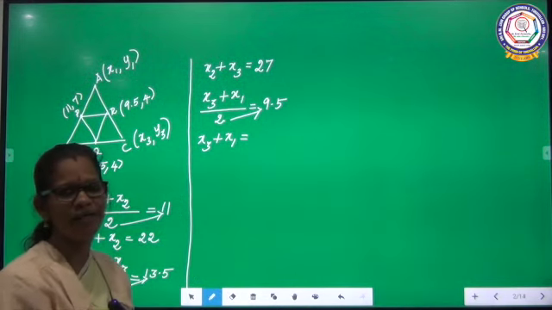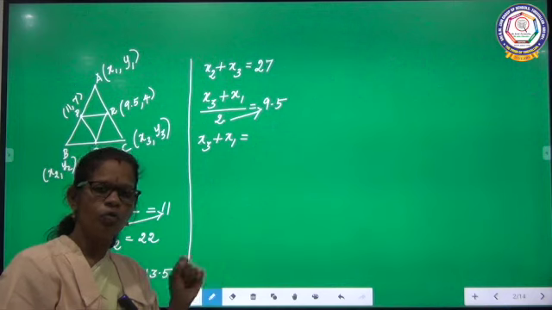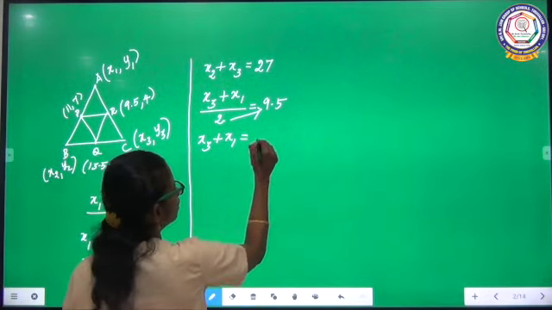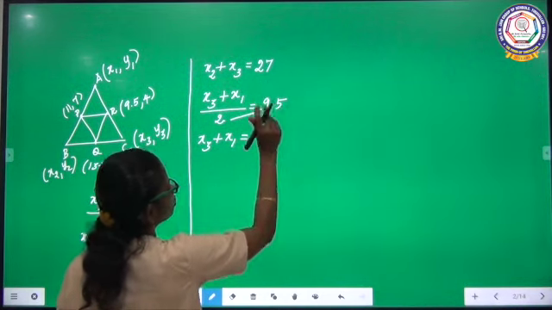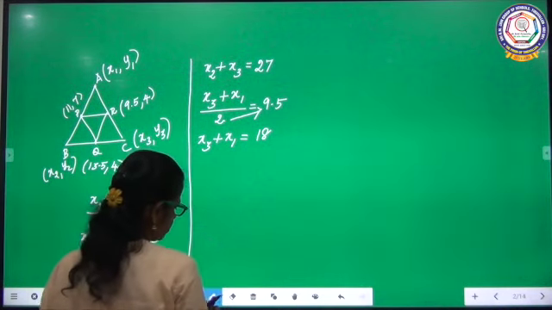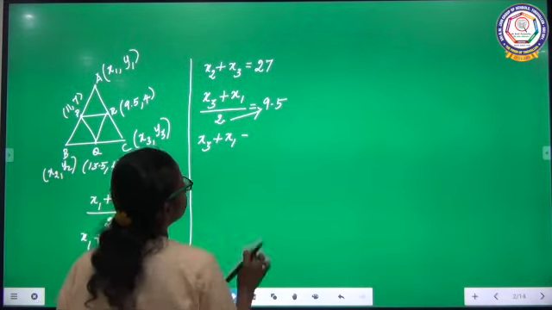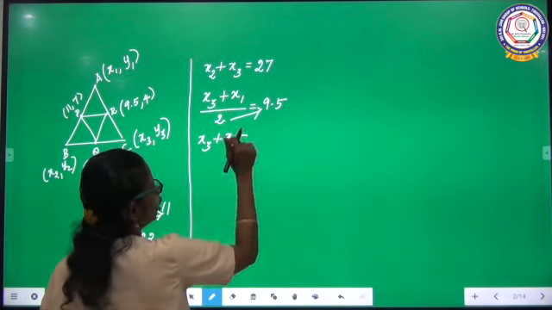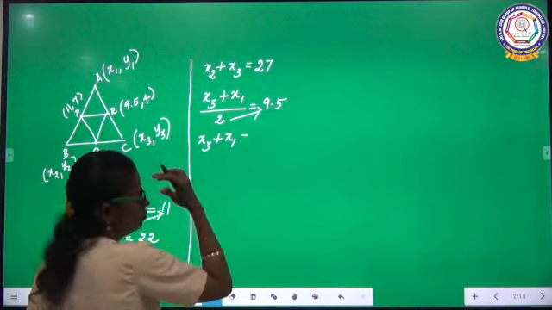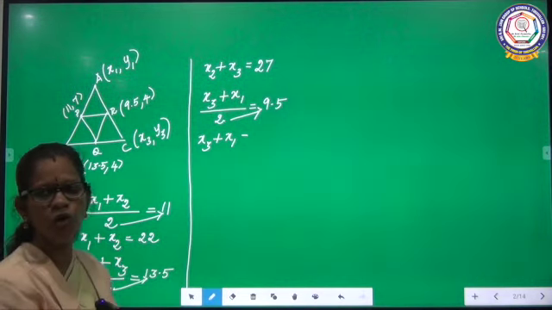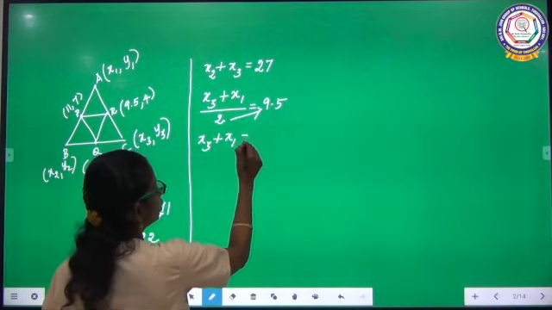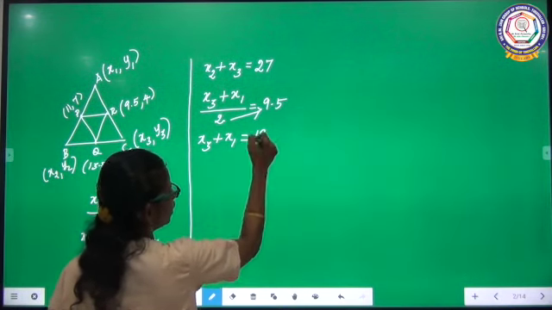The same logic, one decimal. 95 into 2, 190. The 0 is eliminated, which is equal to 19.